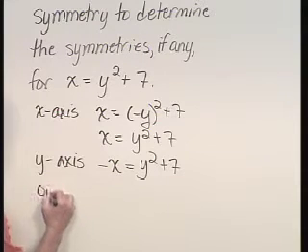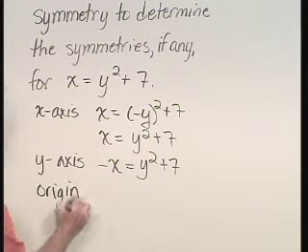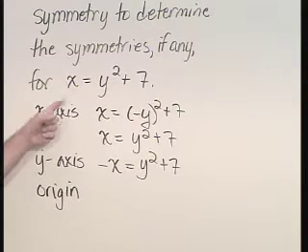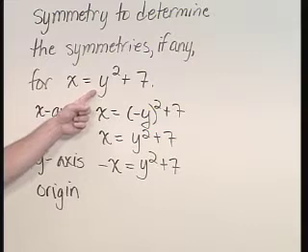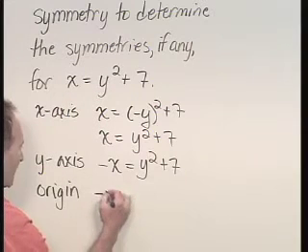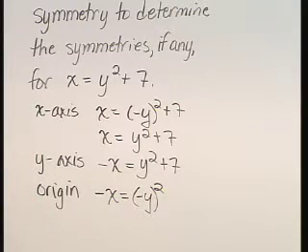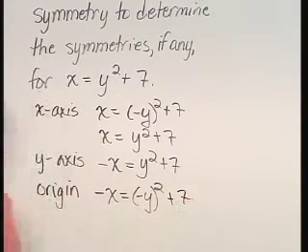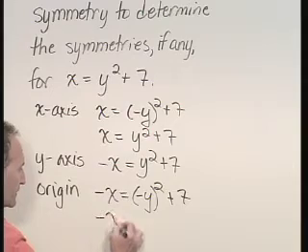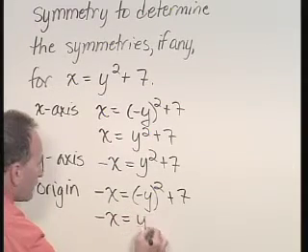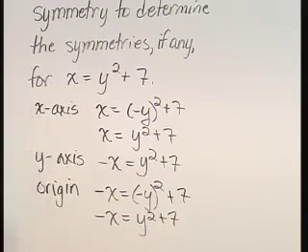And now for the origin, we substitute in the opposite of x for x, the opposite of y for y. So we have the opposite of x is equal to the opposite of y quantity squared plus 7. The result of this is the opposite of x equals y squared plus 7.